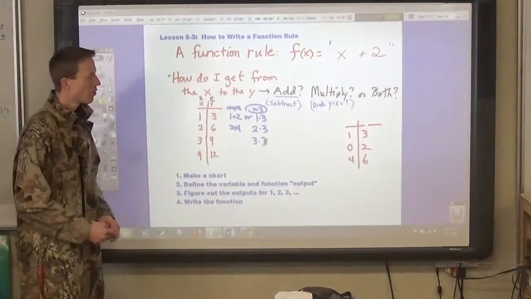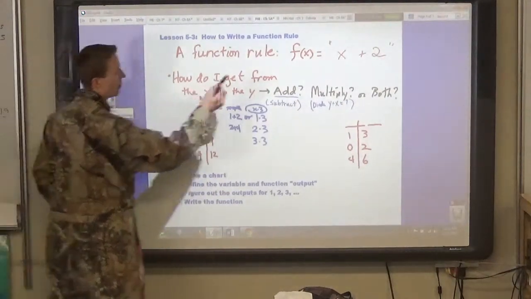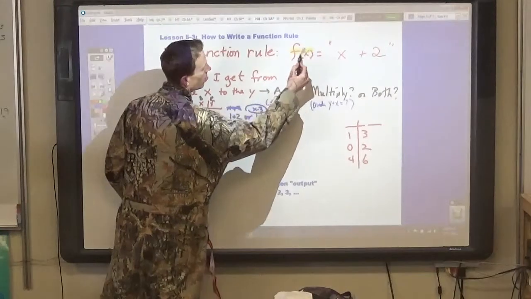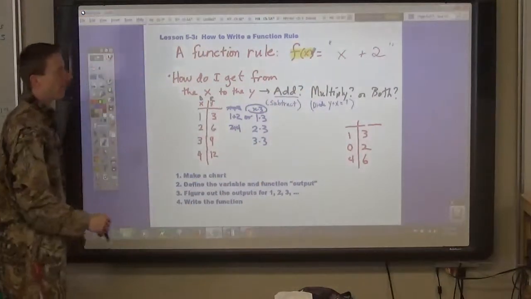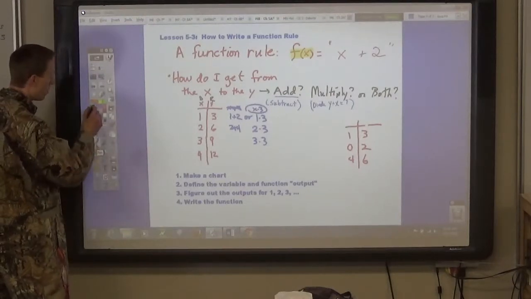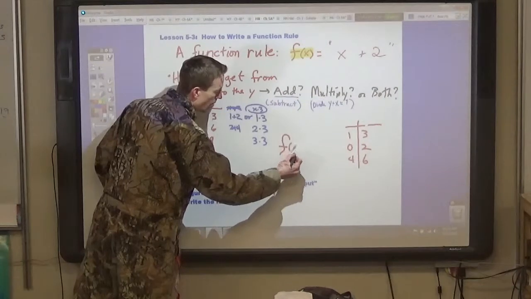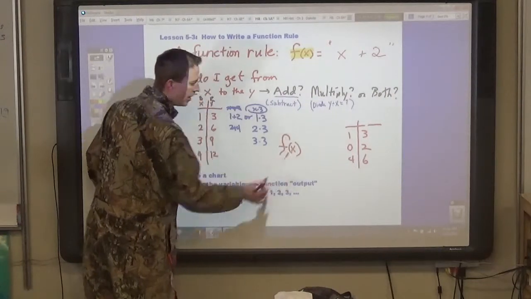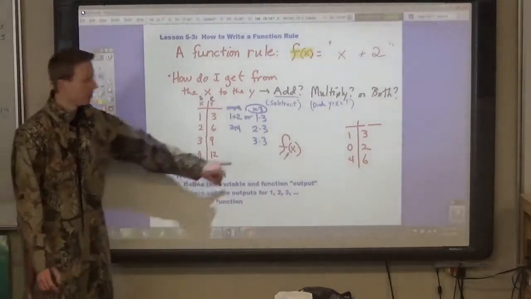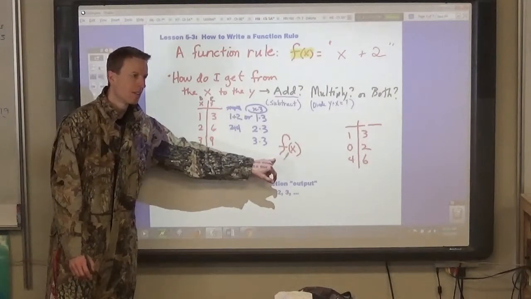Now, when you're writing a function rule, you write it using this pattern right here. You write it as f of x, or the function of x. It's got a little curl at the bottom, so that's the function rule.